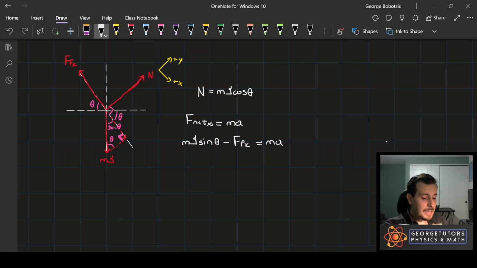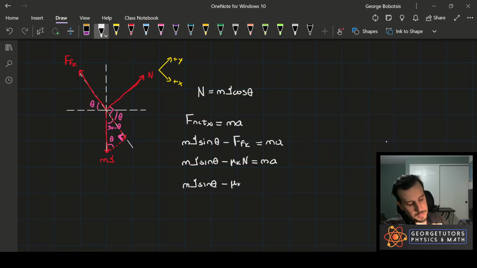Now, I can open up the actual friction as the coefficient of kinetic friction times the normal, which you should already know. Because I already have the normal from the work I've done in the y direction, I can plug it in. So I get mg cos theta in the position of the normal.